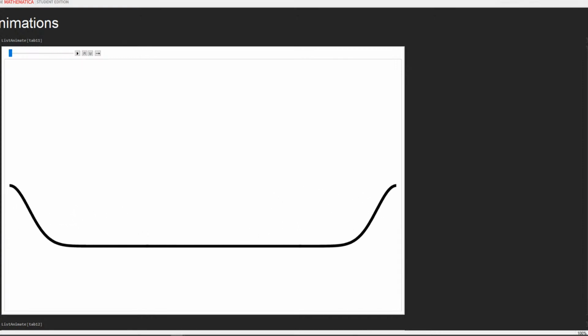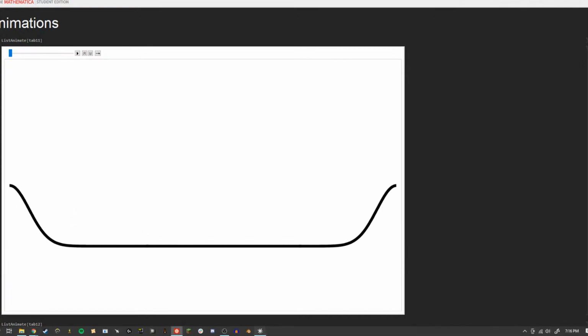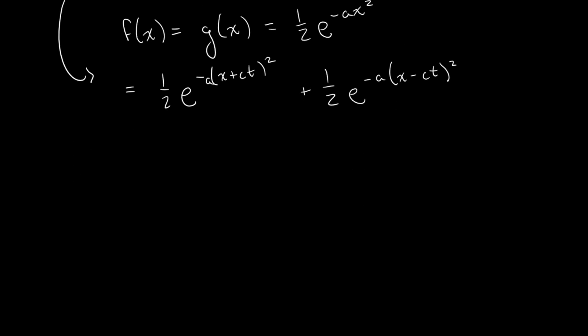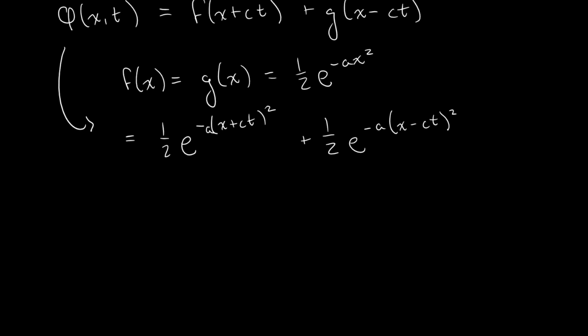Okay, we can do the same thing for destructive interference. Maybe in this case, instead of having them be the same, we'll have them be opposites, so we'll say that g of x is minus f of x, and we'll make this the same thing here.